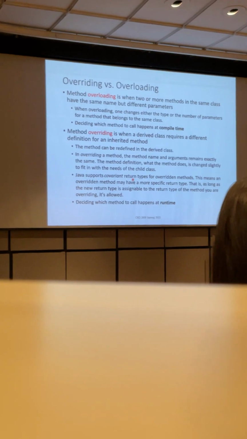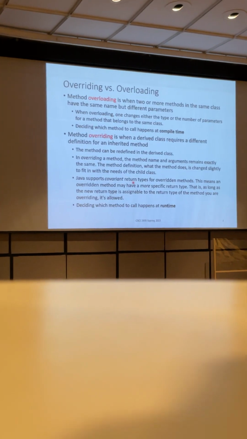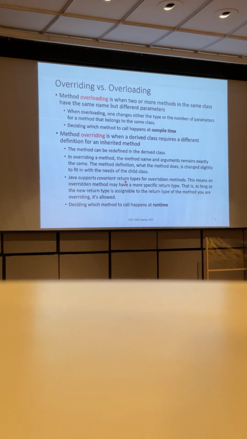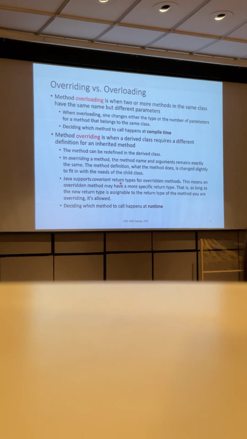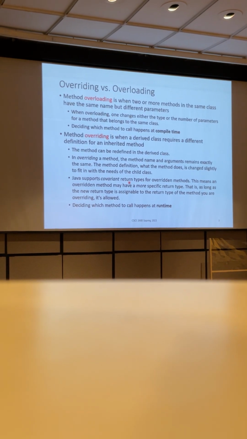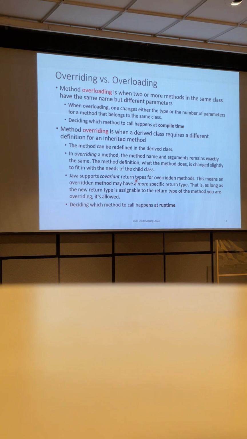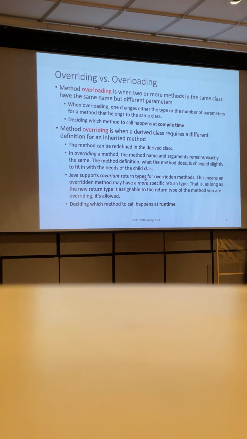Return types support covariant types. Remember, covariance means you can provide a subclass in place of the superclass. So return types can be subclasses of the original return type in the method that you have overridden.